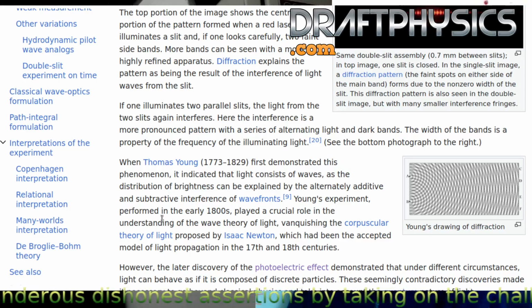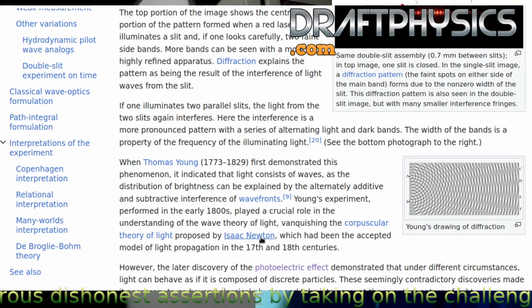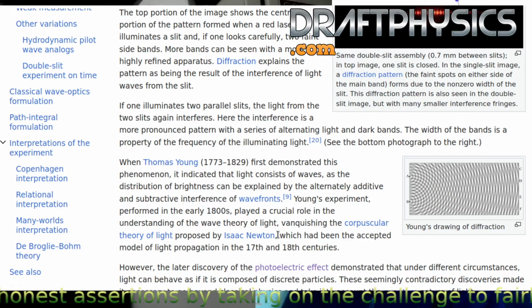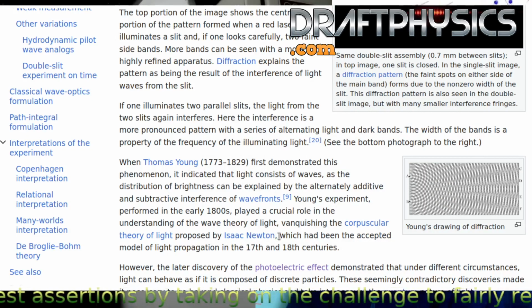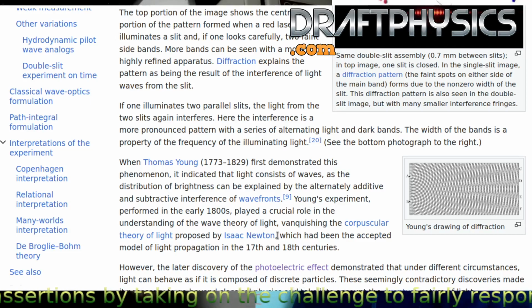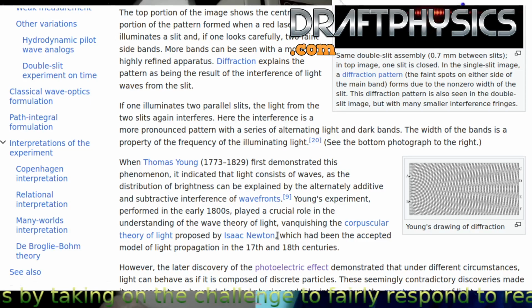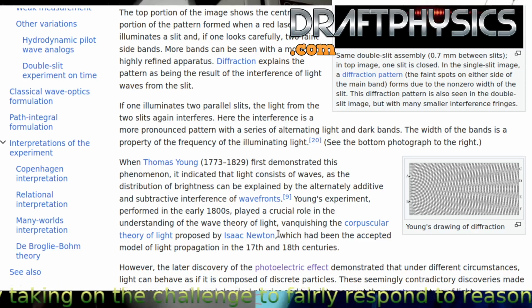"Vanquishing the corpuscular theory of light proposed by Isaac Newton." So they say it was vanquished, all right, and it was only in their pop culture, so only in the minds of people who didn't really look at it, who just jumped to a superficial conclusion, and who basically wanted it to be true.